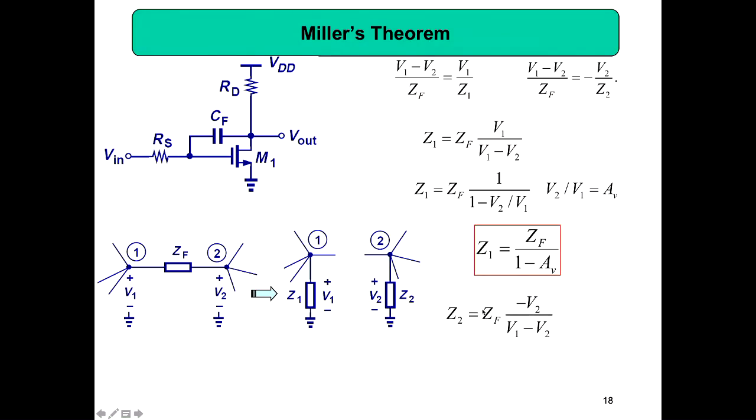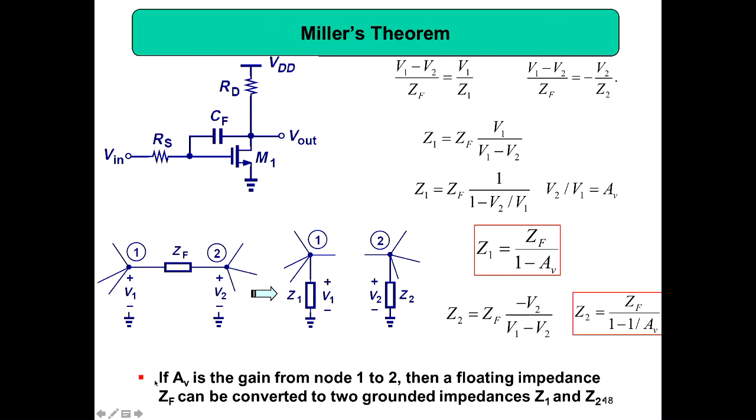That is equal to ZF into minus V2 by V1 minus V2. So when you solve, you got Z2 equal to ZF by 1 minus 1 by AV. If AV is the gain from node 1 to 2, which is true, from here to here AV is the gain, then a floating impedance ZF can be converted into two grounded impedances, Z1 and Z2.